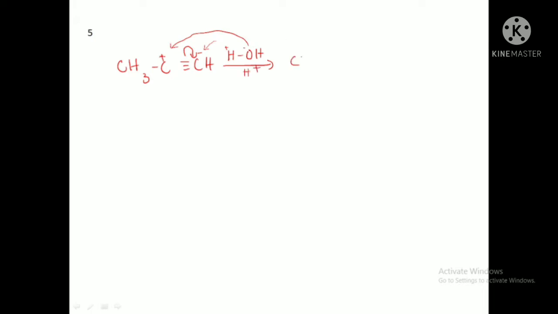I will get CH3 C(OH) double bond CH2. This will undergo tautomerism to form CH3 C double bond O CH3. That means the electrons in the OH bond will shift here and it will shift here.